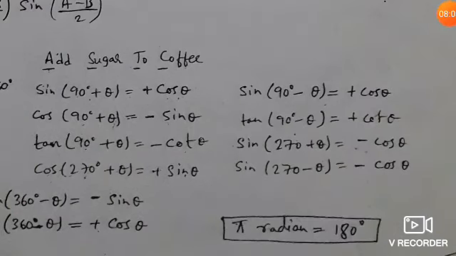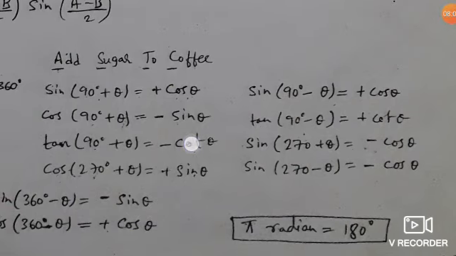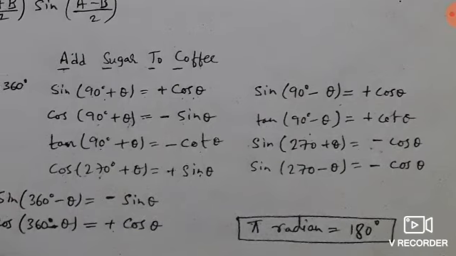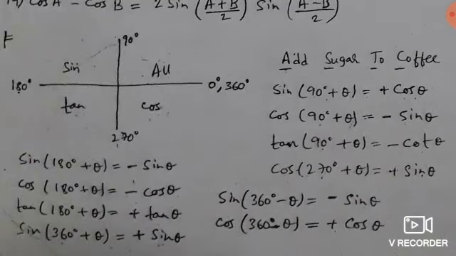Similarly tan 90 degree plus theta is equal to cot theta with a minus sign. Now let us discuss the value of sine 180 degree plus theta. 180 plus something will come in the third quadrant, and in the third quadrant only tan theta is positive, and sine and cos values are negative.